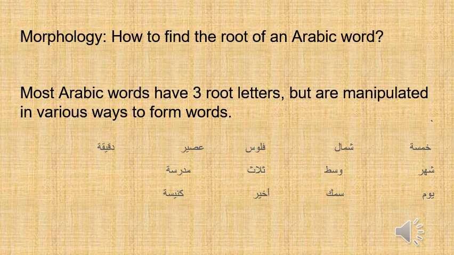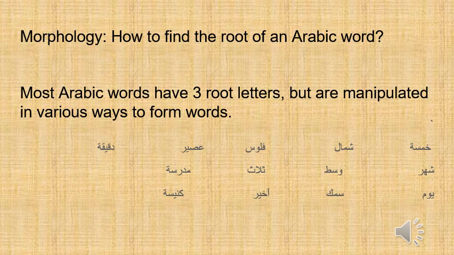Madrasa. What's going on here? Just to remind you, the mim is one of the letters that gets added, so take off the mim, and the ta marbuta also gets added. What are you left with? Darasa. Madrasa: the mim and the ta marbuta go, and the root is dal, ra, sin.